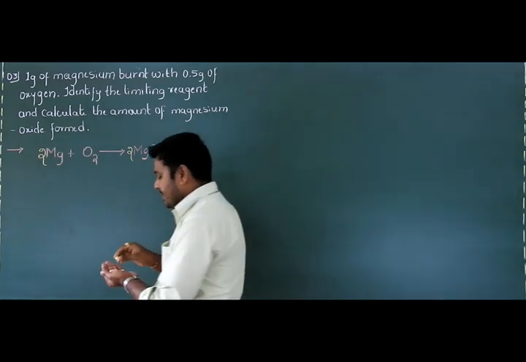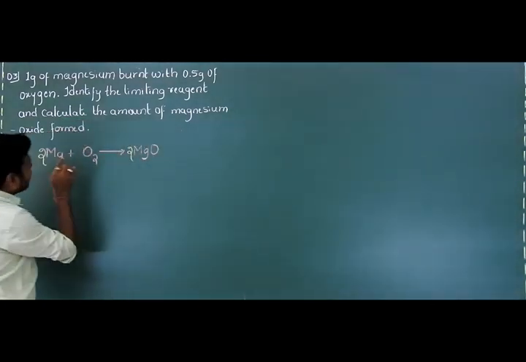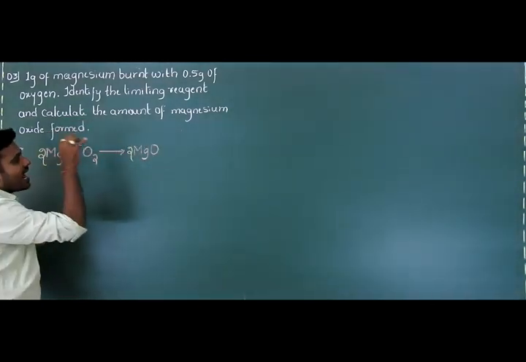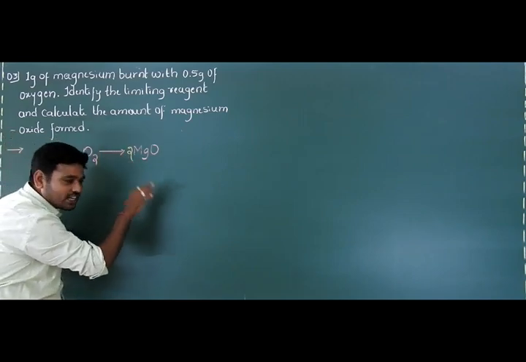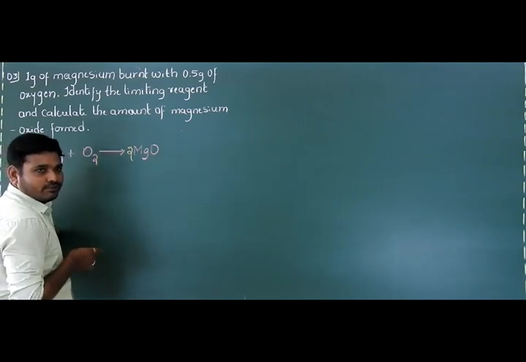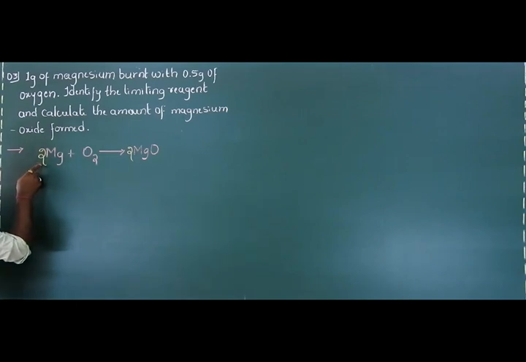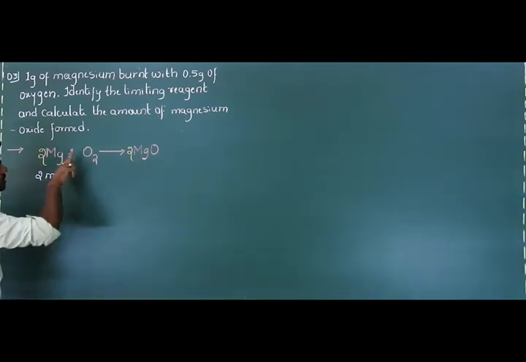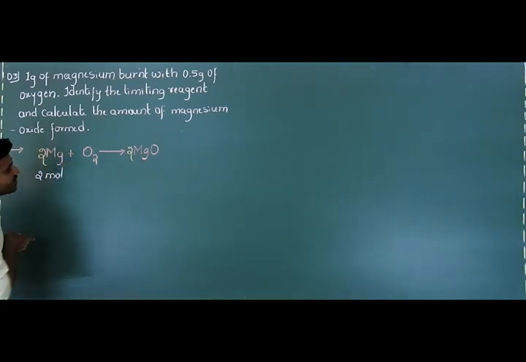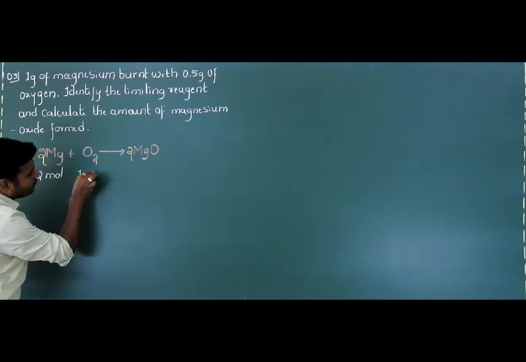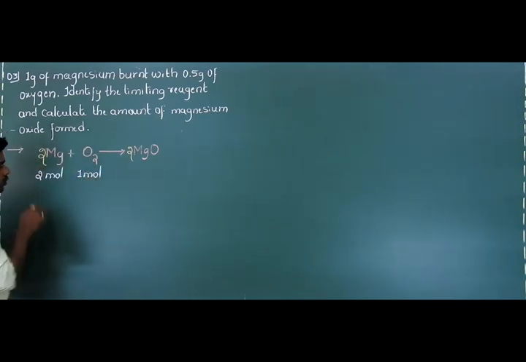After balancing the chemical equation, let us express the reactants and products in this equation in terms of moles. So here what is the coefficient, students? 2 is the coefficient, that means 2 moles of magnesium. Then what is the coefficient here? 1 is the coefficient, so 1 mole of oxygen. So 2 moles of magnesium burns with 1 mole of oxygen.